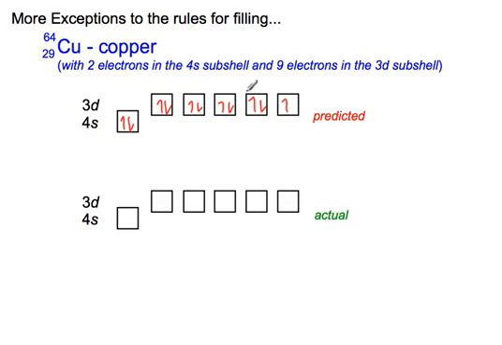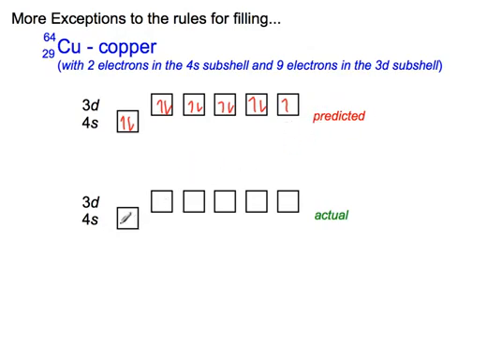And so copper, we would predict this to be the electron configuration for copper. I've only shown the 4s and 3d, so I've shown the last 11 electrons that go in to make copper. And again, we would predict filling the 4s and then adding electrons until we've run out of them to be housed in the 3D subshell. And so that's what it would look like.